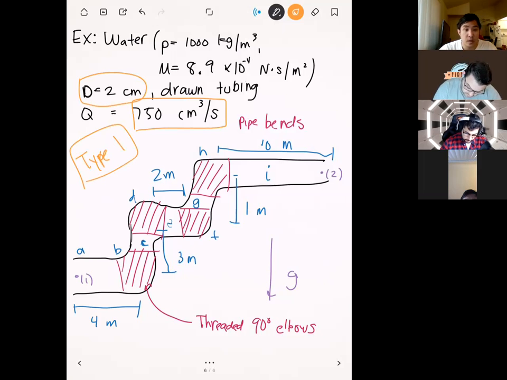Since this is a type 1 problem, we want to solve for the pressure difference between the inlet and the outlet.